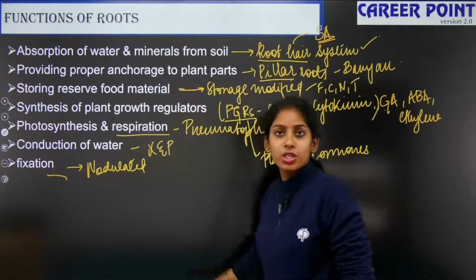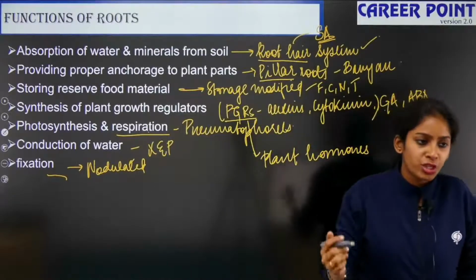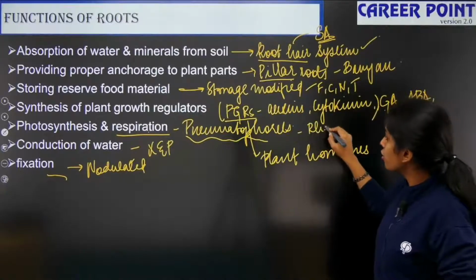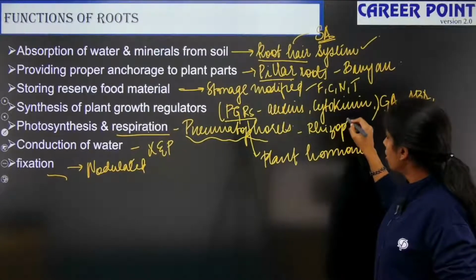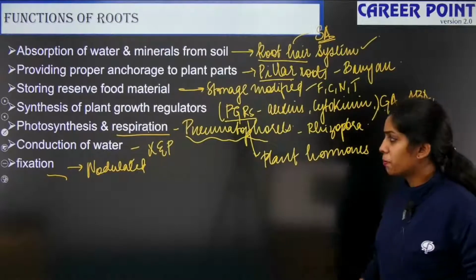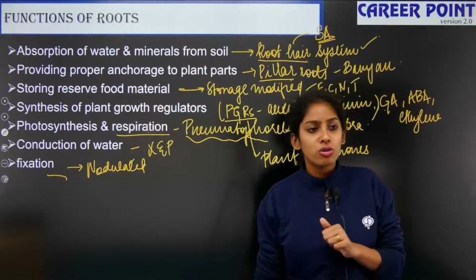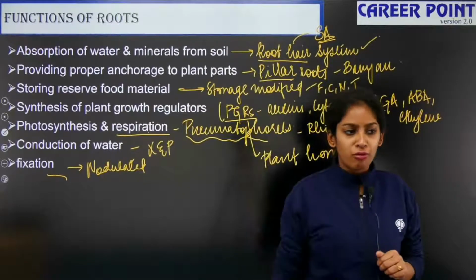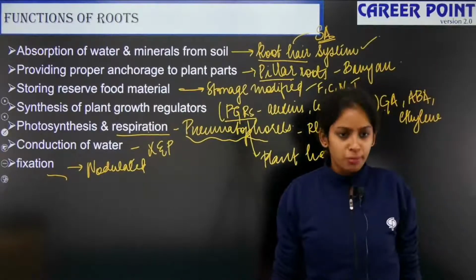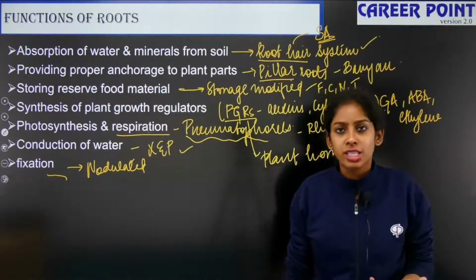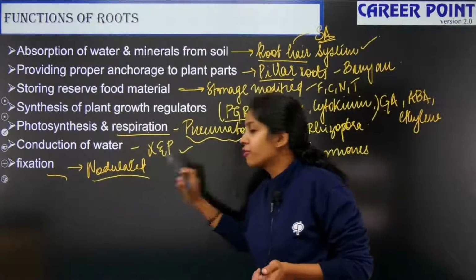Respiration we saw in the case of respiratory roots, also known as nematophores, seen in Rhizophora, a type of marshy plant. Then conduction of water. From transport in plants, we know roots have xylem and phloem, and through xylem it transports water. Then nitrogen fixation, which is done by the nodulated root.